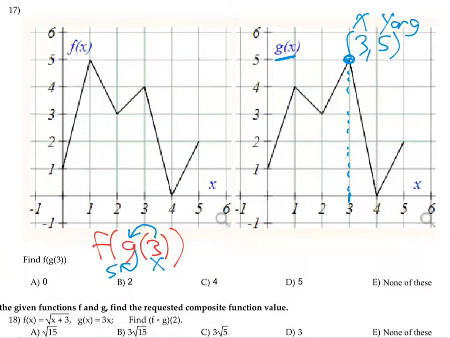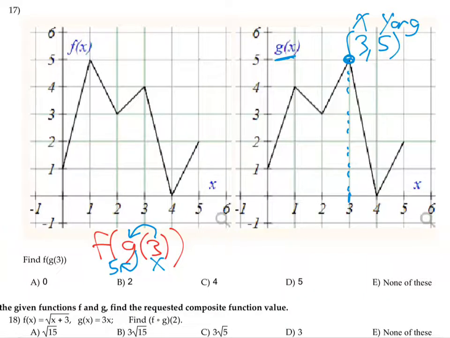When we put 3 into the g function, out comes a 5, and now we put that, but that whole g is inside of f, isn't it? See how the whole g is inside of f? So what comes out of g, that 5, you plug into f now.